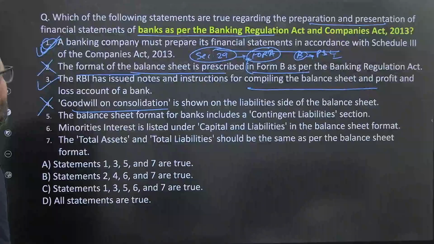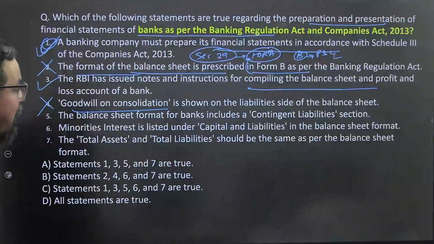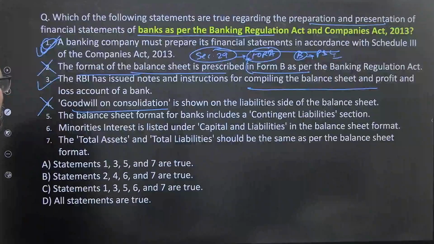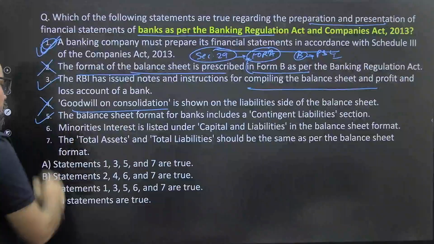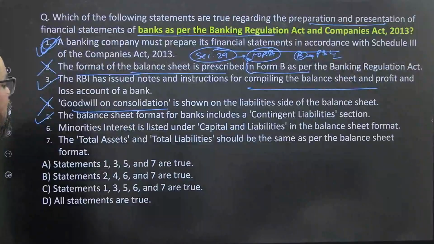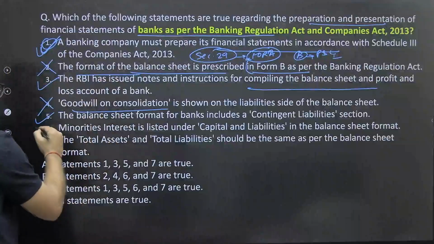The balance sheet format for banks includes a contingent liabilities section. So contingent liabilities, 100% true. Minority interest is listed under capital and liabilities in the balance sheet, your Schedule 2A, 100% true.